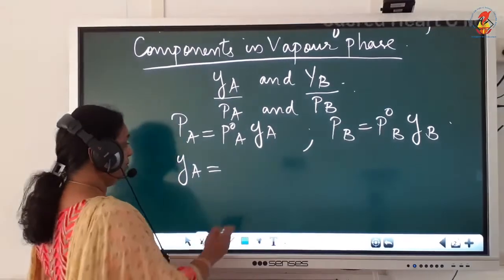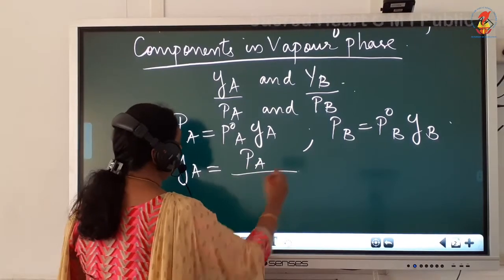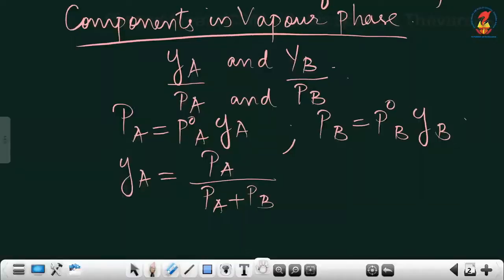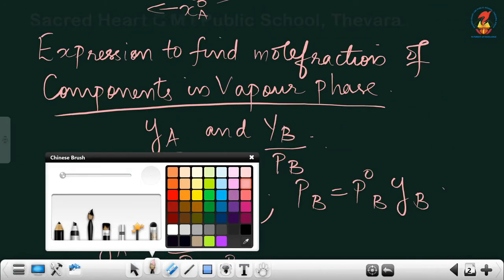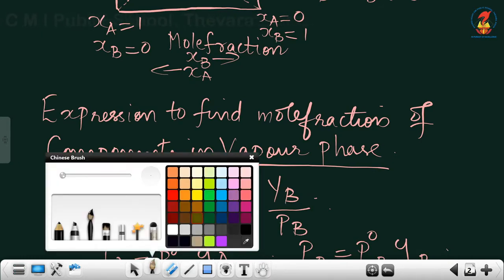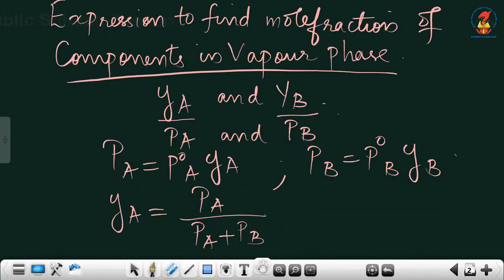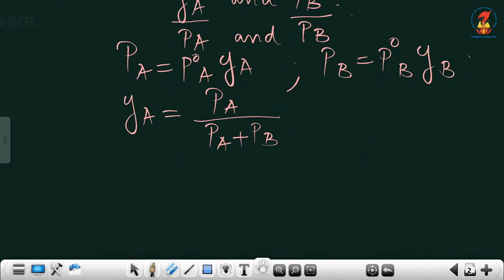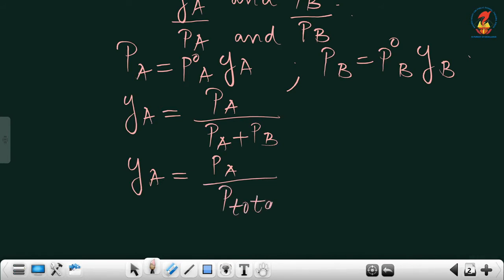So YA will be equal to PA divided by PA plus PB, or YA is equal to PA divided by P total, since PA plus PB is P total.